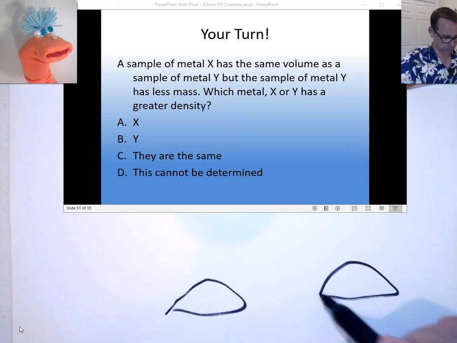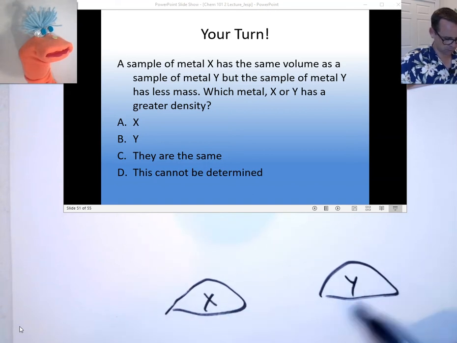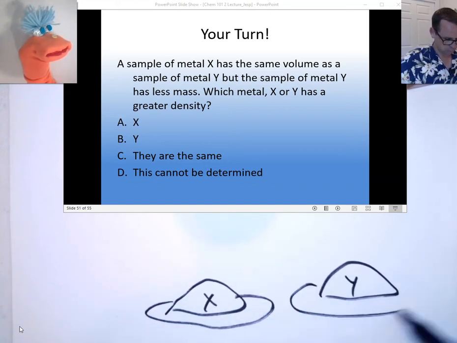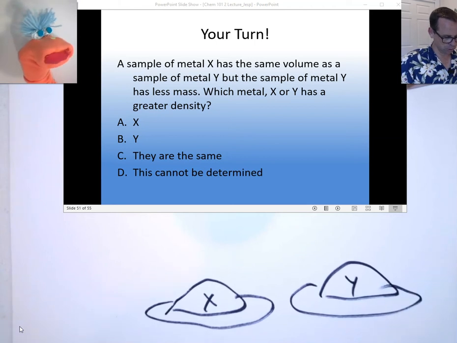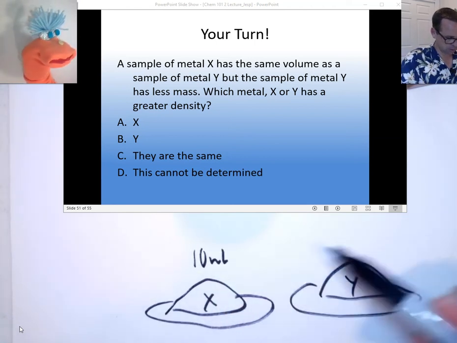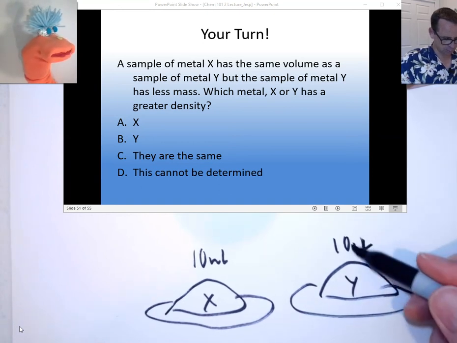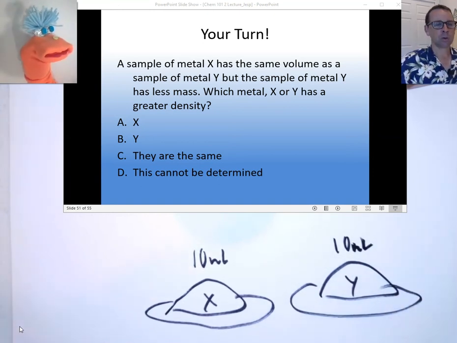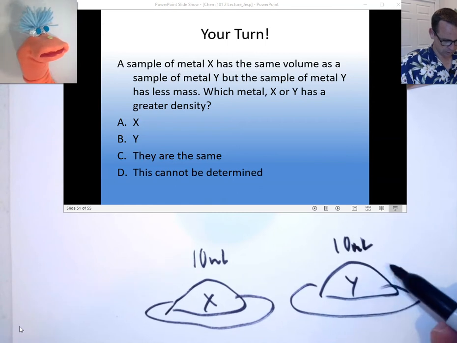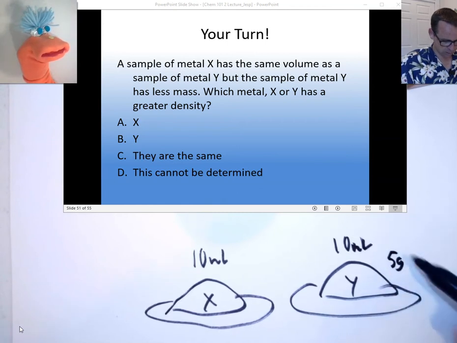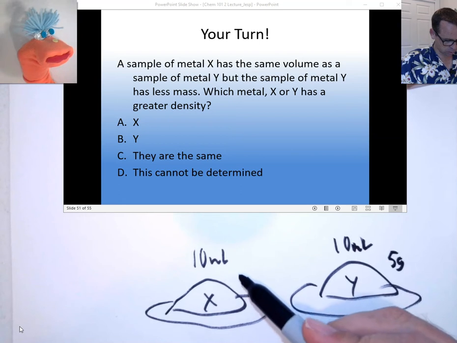So I'll draw them here for you. I tried to draw them there the same volume. Let's say that's 10 milliliters. So they both have 10 milliliters in this case, right? Yeah. Okay, so if they both have 10 milliliters, what do we know about their mass? Y has less mass, so let's say this is 5 grams. Is that okay? Yeah, and X can have 10 grams.